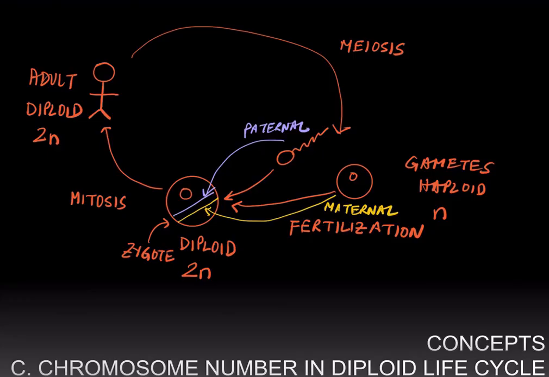And therefore, in the life cycle of a sexually reproducing animal, there are 2 key steps that change chromosome number.